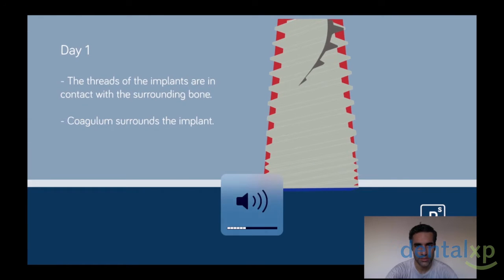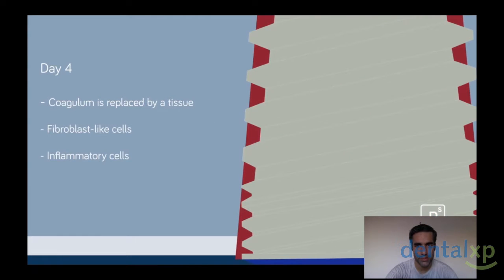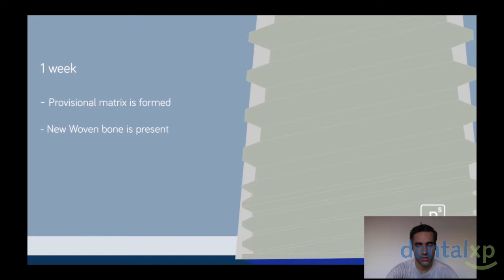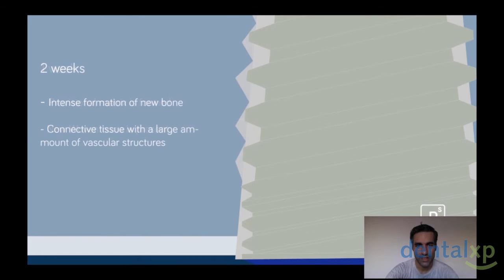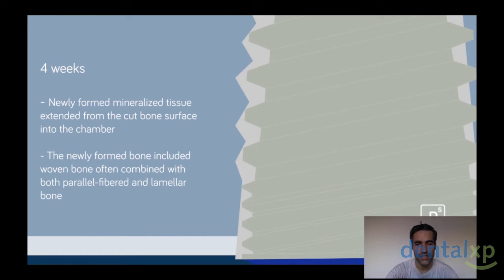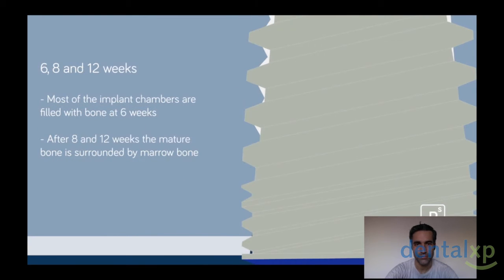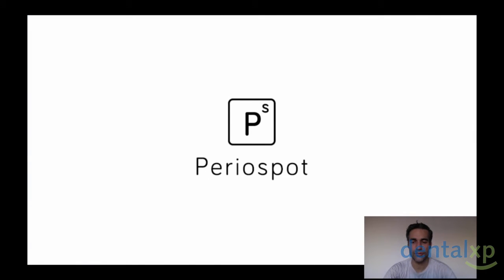As you can see, on day 1, only a blood clot, only a primary stability based on a mechanical stability, and this blood clot is substituted by a provisional matrix, and then woven bone is formed 2 weeks after the implant placement, and this woven bone is then turned into lamellar bone and more mature bone that gives us the second stability, or the biological stability, osseointegration.